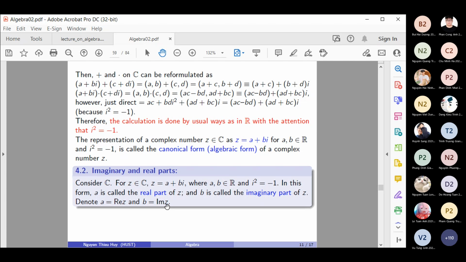Right? Good. Actually, z equal Re z plus i multiplied by Im z.